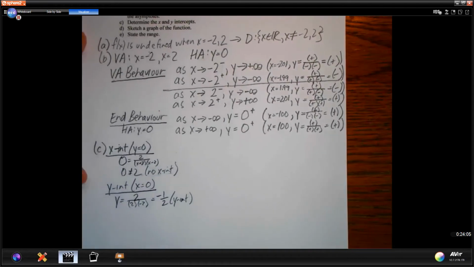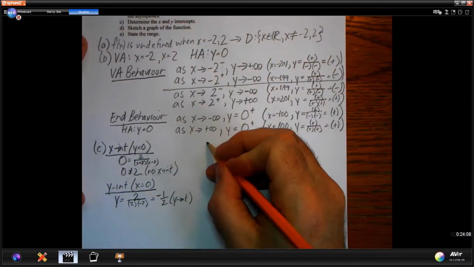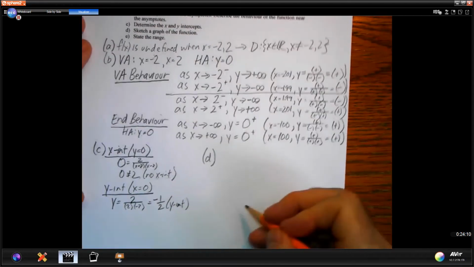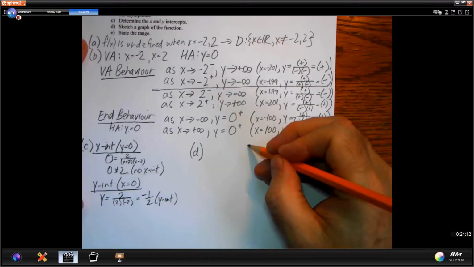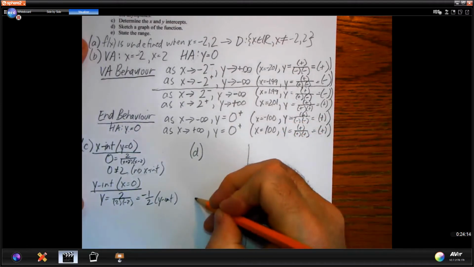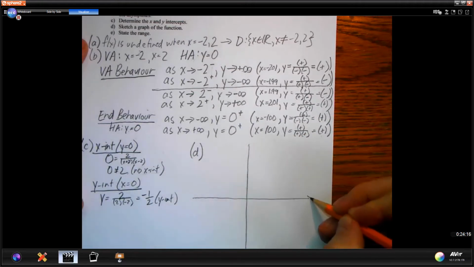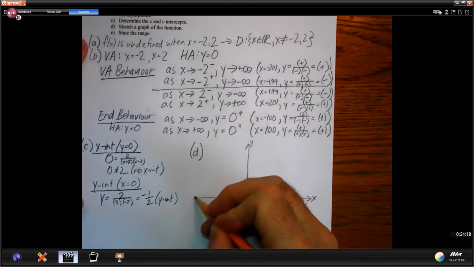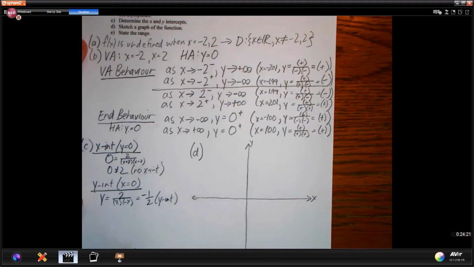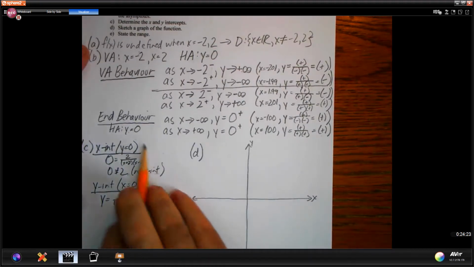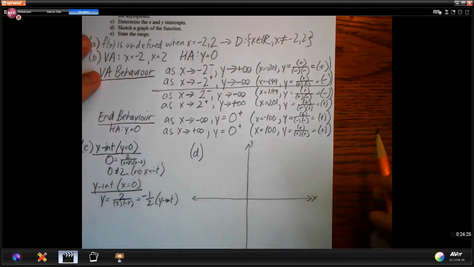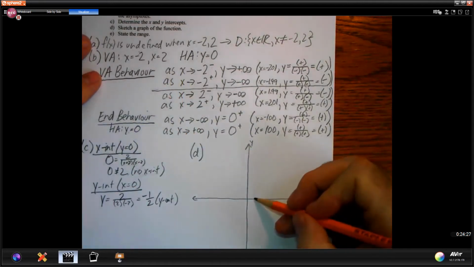Okay, so now at this point, I'm going to go over here and do a sketch. When I'm making my sketch, the first thing I do is consider the vertical asymptotes, and I know I've got one at positive 2 and negative 2.